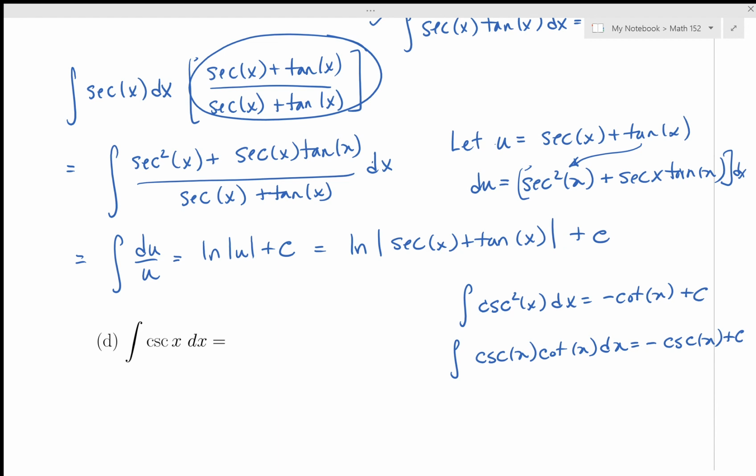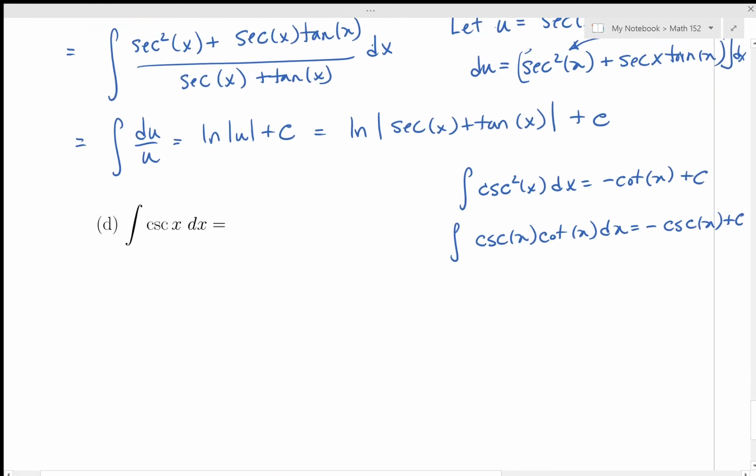Okay, so now with that in my head, and having just seen the previous question solved, I will go like this: cosecant x, and I will multiply by 1. It will look like this, cosecant x plus cotangent x divided by cosecant x plus cotangent x.